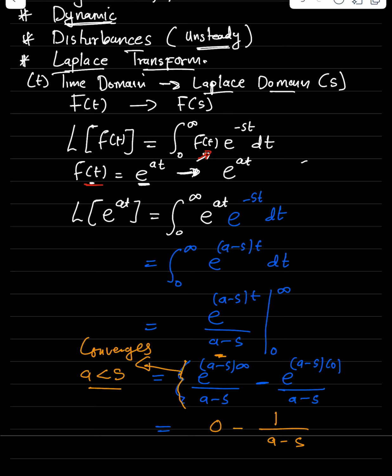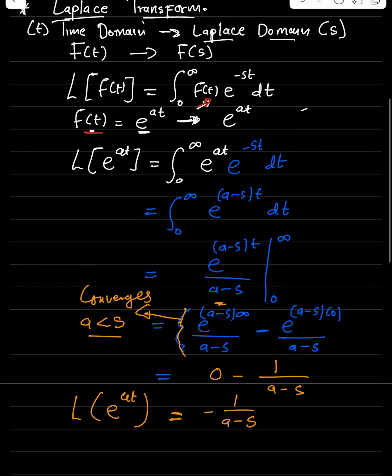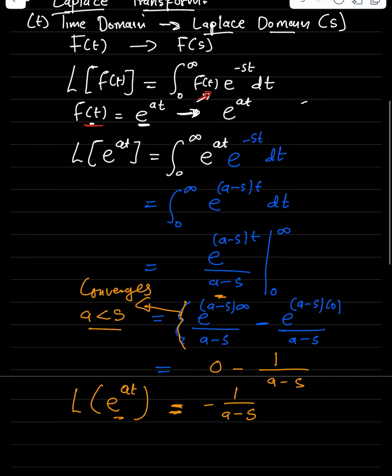Right, this is very important. So it means that the Laplace transform of e to the a t is going to be negative 1 over (a minus s). So that's the Laplace transform for e to the a t.